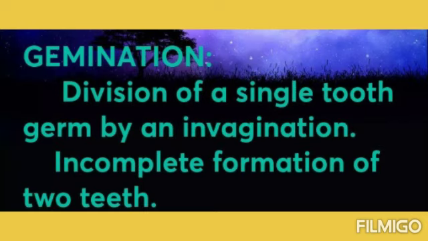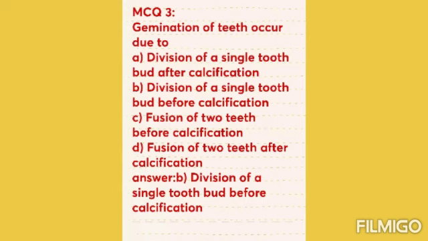Division of a single tooth germ by an invagination. So there is an incomplete formation of two teeth. So the answer is option B, division of a single tooth bud before calcification.